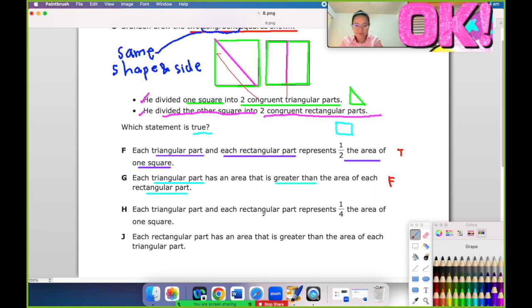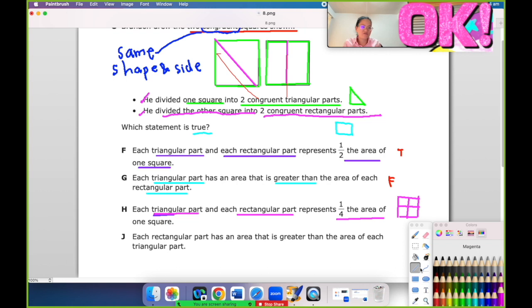Grace, read on. Each triangular part and each rectangular part is 1/4 of the area. No, it's not true. Yeah, because if it's one fold, it has to be like this.